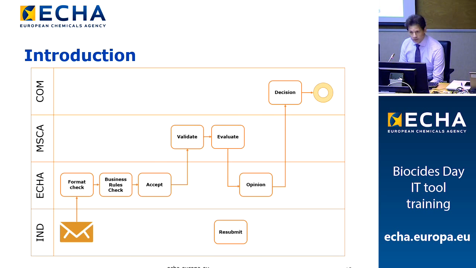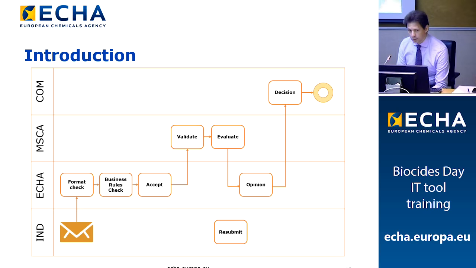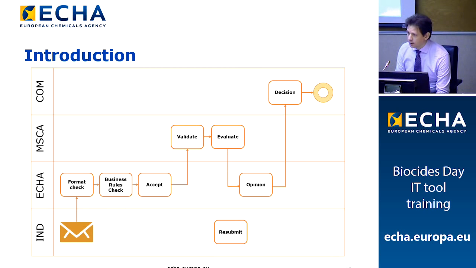So what is represented here is the workflow that I was describing before in R4BP. So the sequence of steps which are implemented in R4BP3 and are representing the duties that are described in the BPR regulation for the process itself.